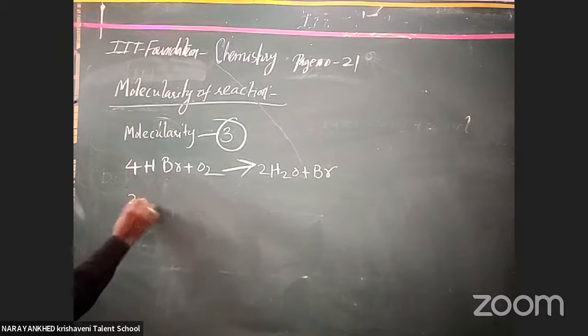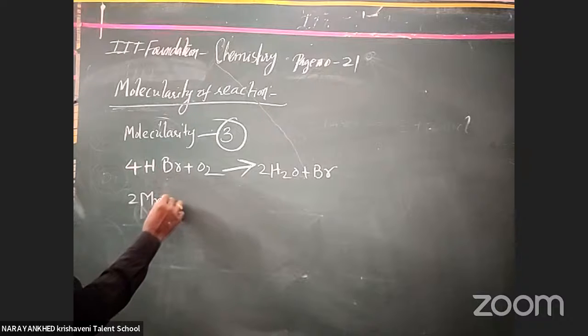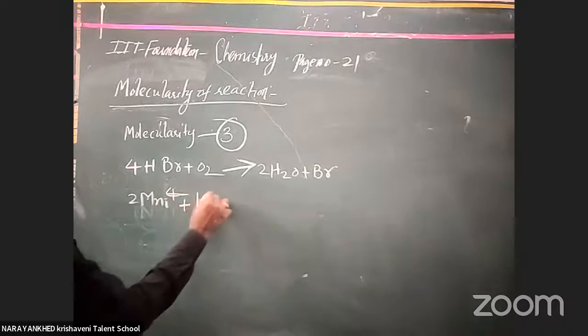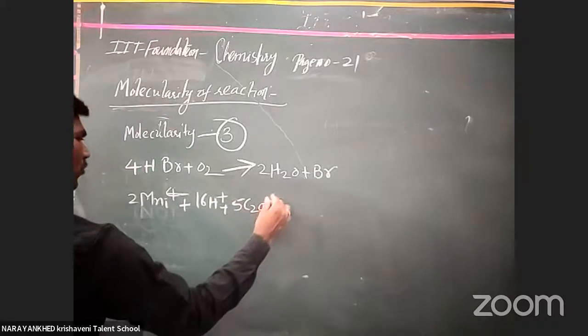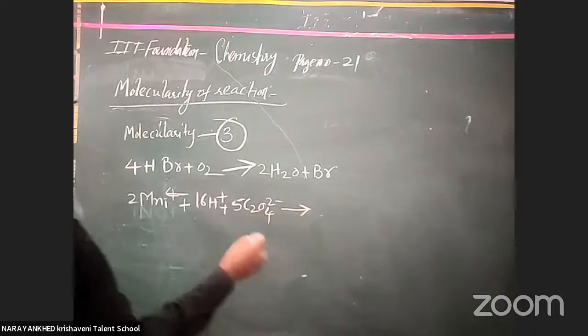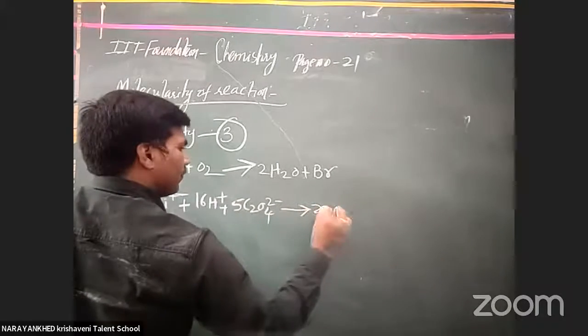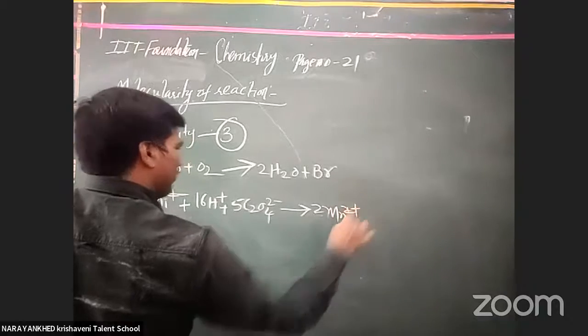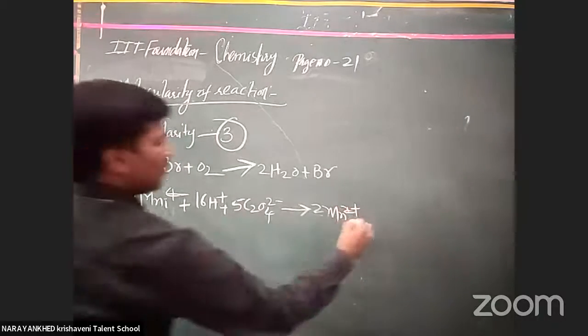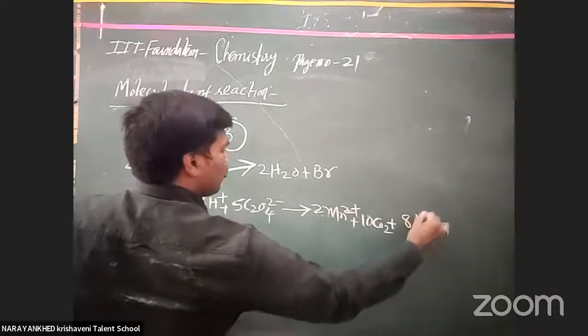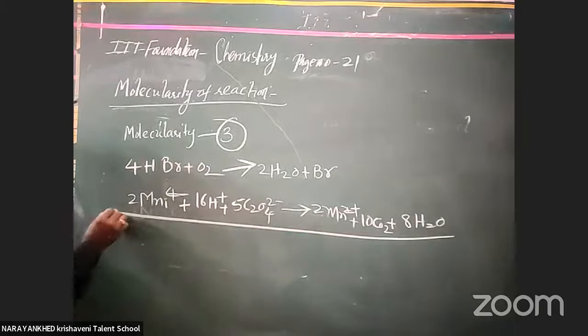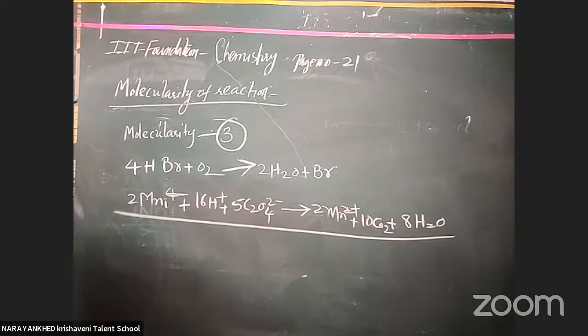One more equation they gave: manganese, 2MnO4 minus combined with 16H plus and 5C2O4 2 minus gives 2Mn 2 plus, 10CO2 plus 8H2O. This is the chemical reaction we have taken here. Understand, all of you?